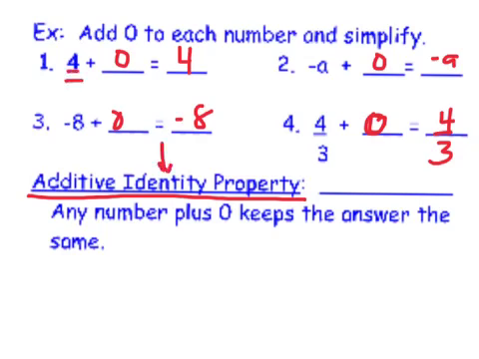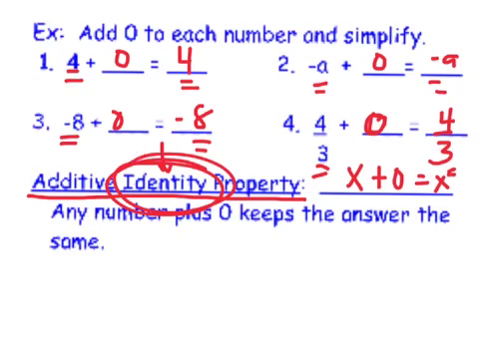Start with 4, end with 4. Start with negative A, end with negative A. Negative 8, negative 8. 4/3, 4/3. So the way to say that is x plus 0 equals x. So again, identity. You start and end with the same thing.